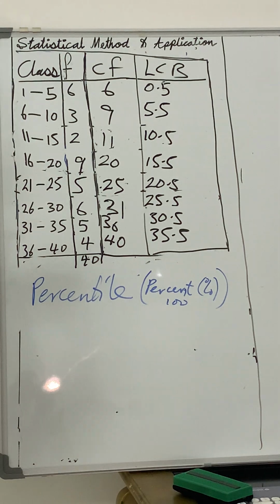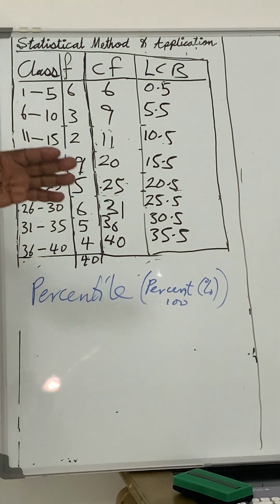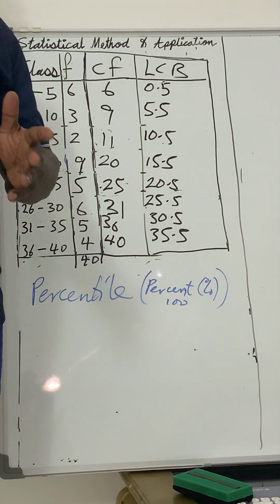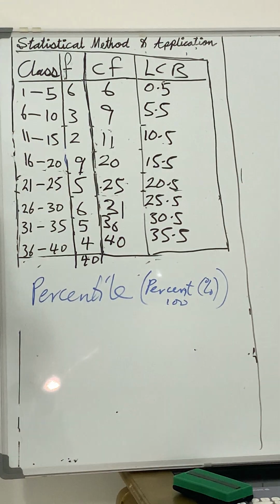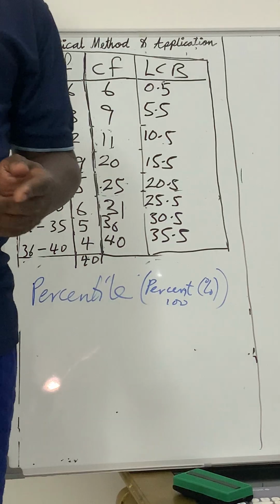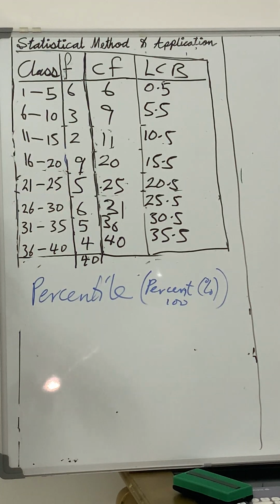Then if you compute 75 percentile, it's the same thing as Q3, because 75 over 100 is going to give you 3/4 if you reduce it to the lowest form. Since we have computed Q1 and Q3 before, we don't need to go for 25, then we can pick another one randomly.